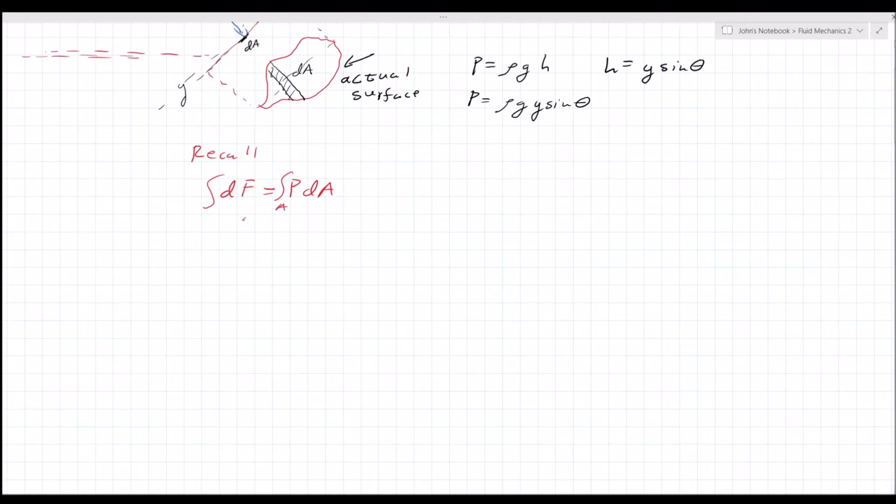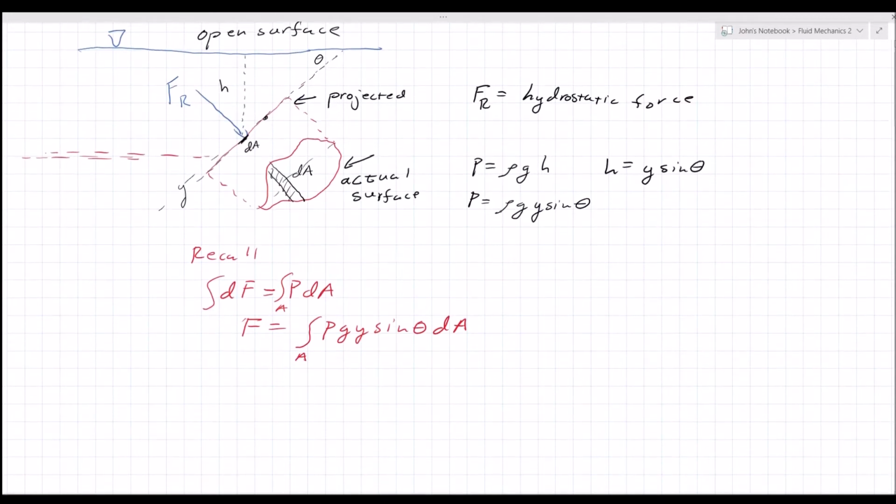I get force is equal to the integral with respect to A of rho g y sine theta dA. And if I'm assuming this plate up here is not turning, my theta is going to be constant, gravity is constant, and my density is constant.